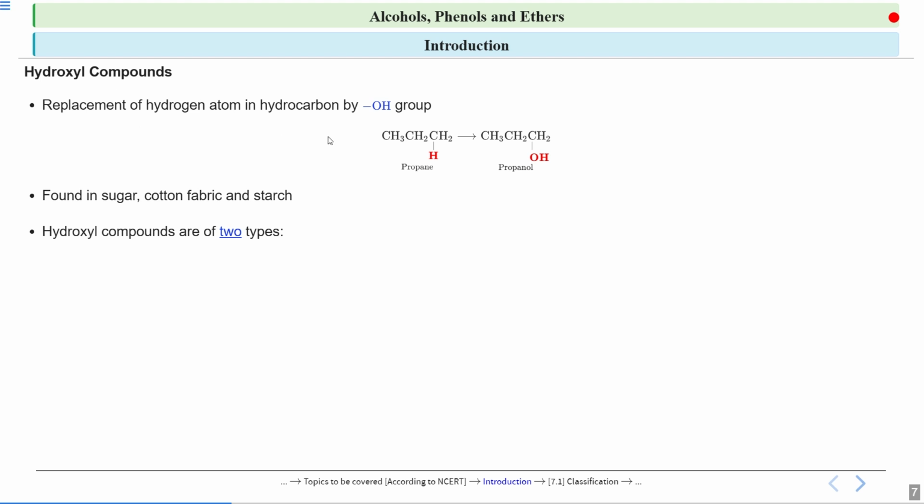Hydroxyl compounds contain the hydroxyl group after the replacement of a hydrogen atom from the molecule, and they are found in sugar, cotton fabric and starch. The hydroxyl compounds are particularly of two types. First is alcohols and the other one is phenols. Both types of hydroxyl compounds contain the hydroxyl group, that is the OH group.